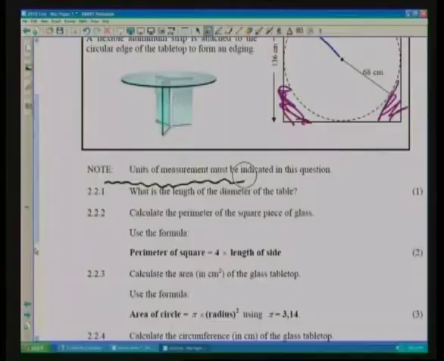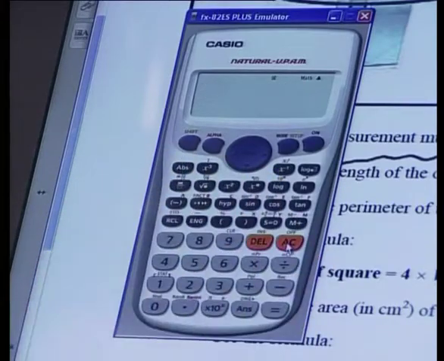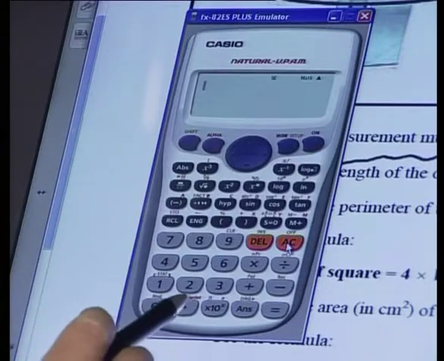Again, examiner's nice to us. He gives us the formula. He's given it to us, use it. Let's have a look. Area of a circle equals pi times radius squared. And then it goes on to say, using pi as 3,14. Now, let's just have a look at our calculator. Our calculator has a pi function. There it is there.